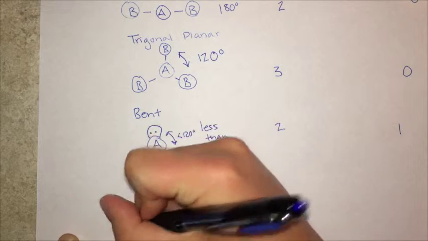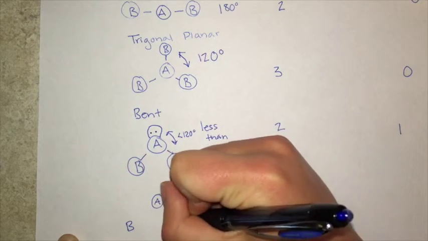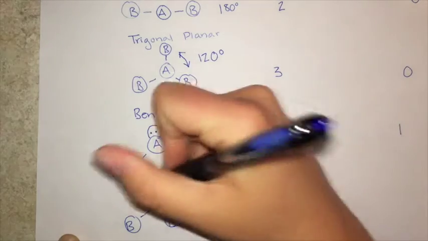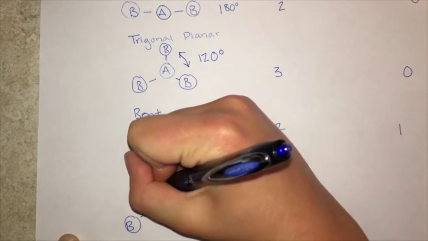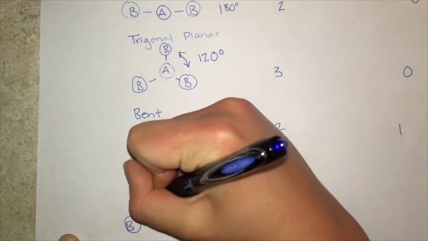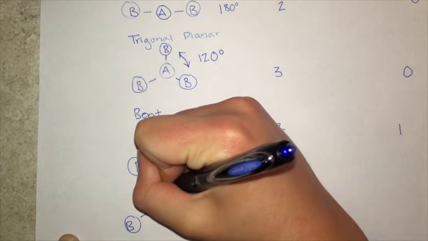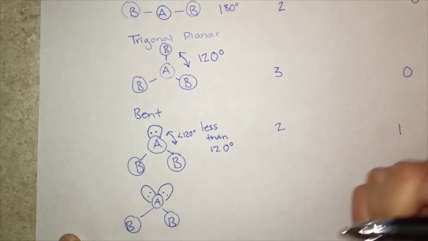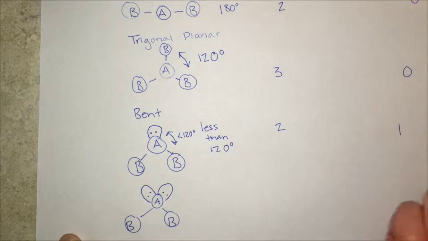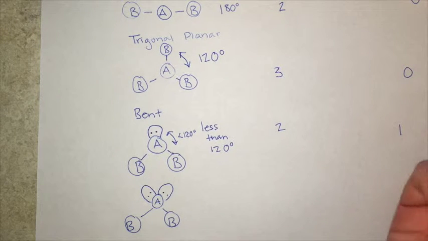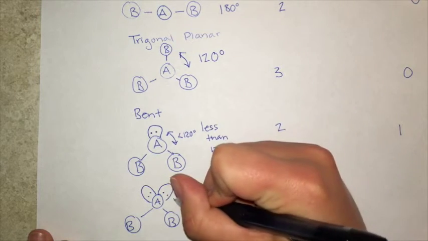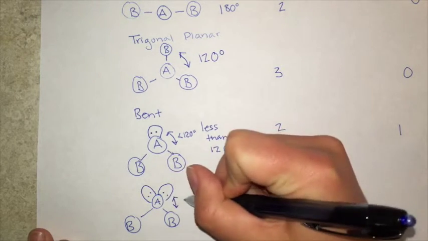A, B, B. Then we're going to have 2 lone pairs. It's going to look more like that. So the bond angle for tetrahedrals is 109.5, so the bond angle is going to be less than 109.5 for this.